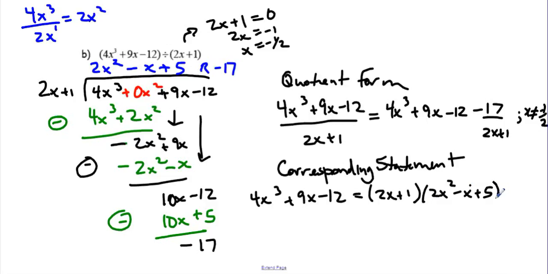I could write plus negative 17, but that's not nice and neat, so instead I'm going to put minus 17. Okay? All right, that's the corresponding statement. And of course, I'm going to include x cannot equal negative 1/2.